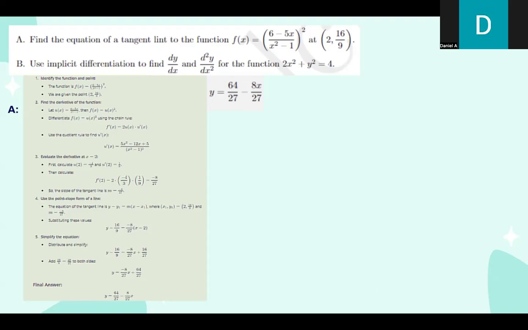We use the quotient rule to find u'(x), which is u'(x) = (5x^2 - 12x + 5)/(x^2 - 1)^2.